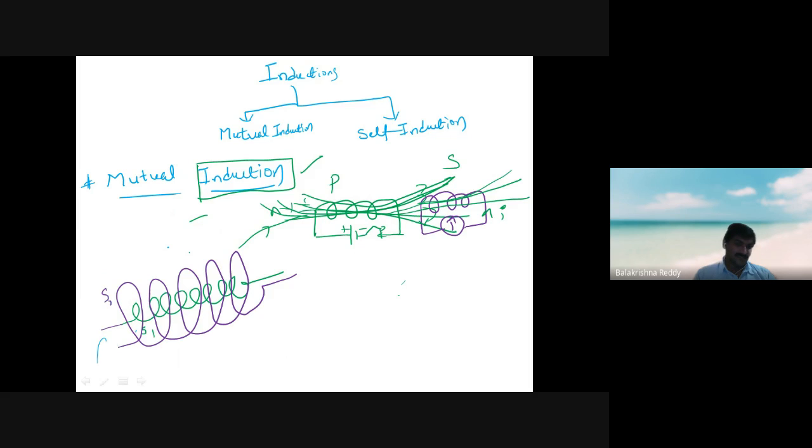This is S2. These coils, also in the phenomenon of mutual induction, we can call coaxial coils since they are along the same axis. Of course, the earlier arrangement is also along the same axis but not over each other.